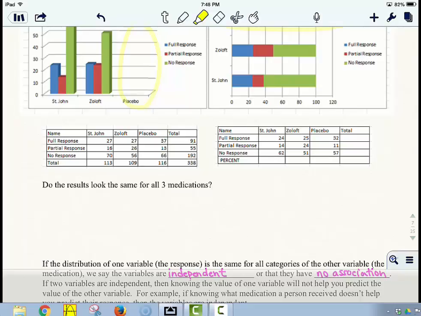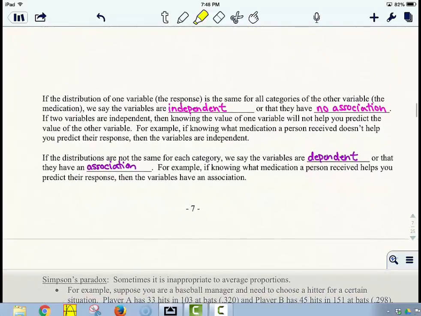Write an answer. Finally, if the distribution of one variable, the response, is the same for all categories of the other variable, which would be the medication, we say the variables are independent or they have no association. If two variables are independent, then knowing the value of one variable will not help you predict the value of the other variable.